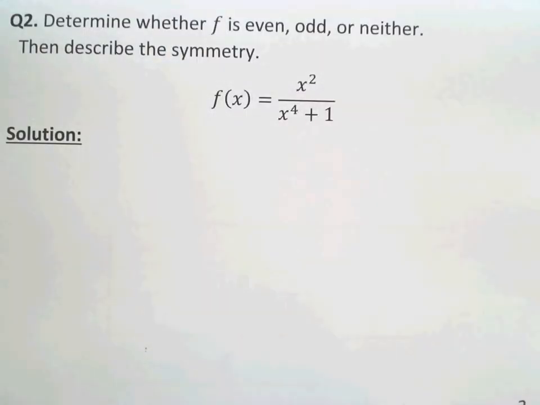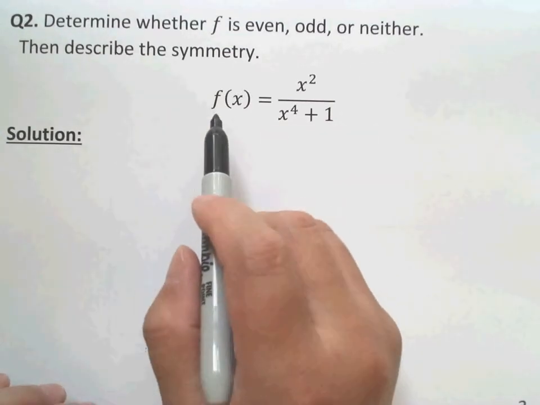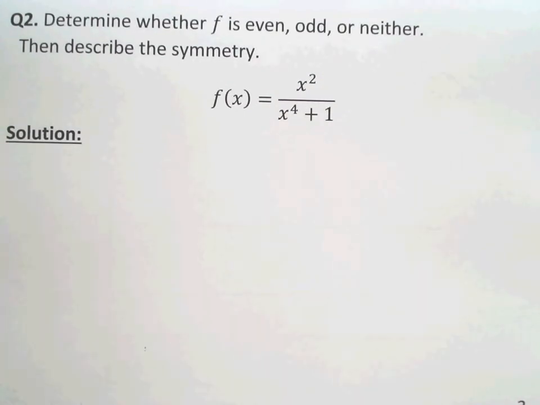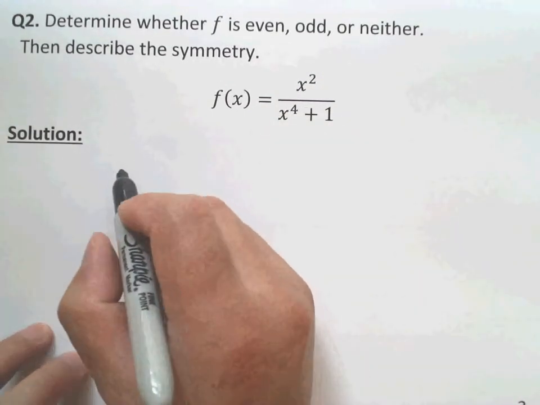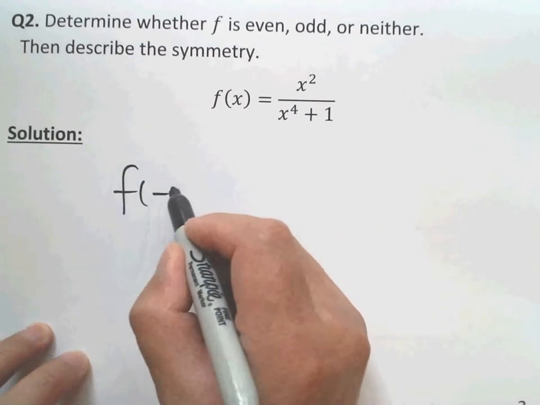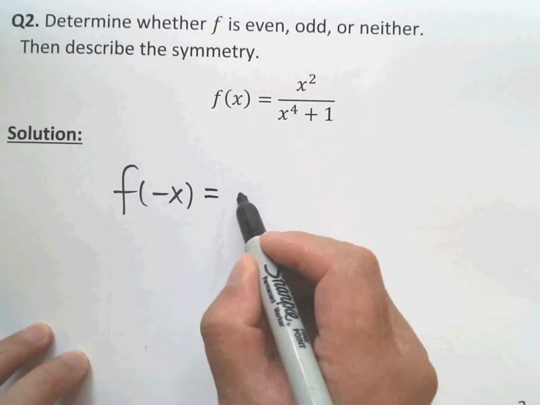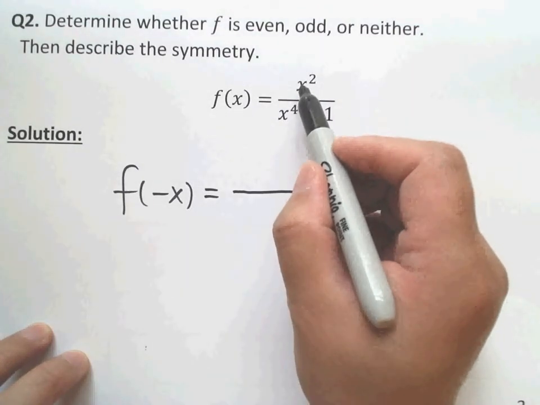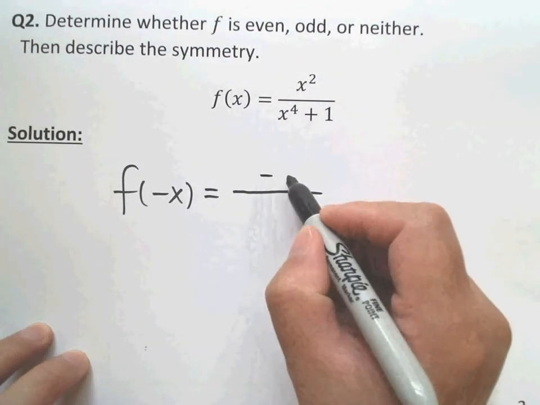Here we still don't have the graph, so evaluate f at a negative x. That's all we need to do. So we're going to evaluate f at a negative x. This time, substitute x by negative x. Replace x.